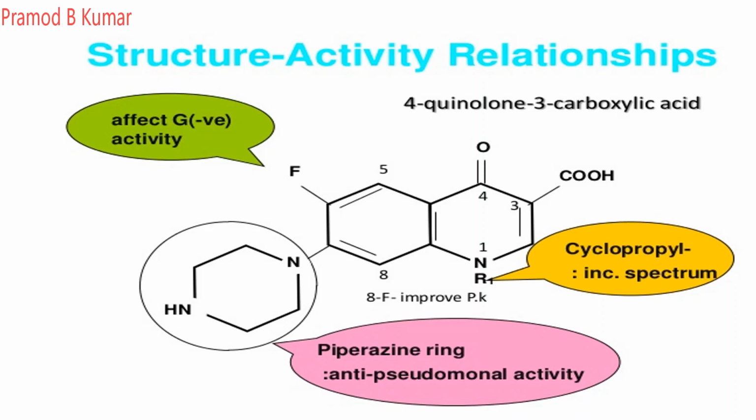The fifth position can be substituted. The sixth position contains a fluorine. The seventh position basically contains a piperazine ring, which is necessary for anti-pseudomonal activity. Along with antibacterial action, it shows anti-pseudomonal activity also. So this substitution at the seventh position with a piperazine ring is necessary for the anti-pseudomonal activity.